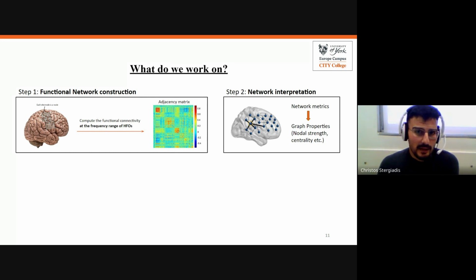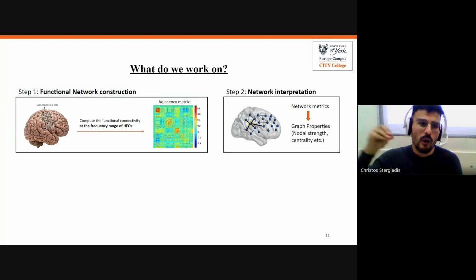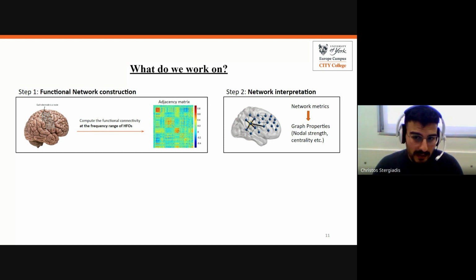It's something like a social network. If you take out a common friend from a big group, maybe people will start dropping their friends together. I don't know, but it's pretty much the same thing. It's taking out the important electrode, the important area of the brain for this epileptic network.